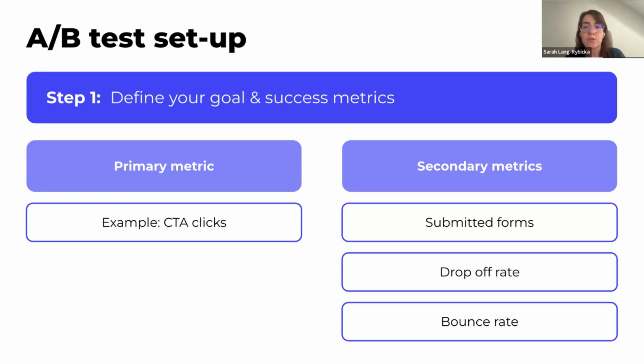If I'm testing in a tool like Heyflow, for example, and testing a button label, I definitely still want to track how many of those who clicked actually become paying customers, or even just trial users, because that way I can make sure I don't see a positive result in my primary metric, but end up with fewer conversions overall due to lack of information or any other factor. So secondary metrics are definitely important. In our scenario here, this could be the form submissions, the drop-off rates, and also the bounce rates. Those are things I would consider to make sure everything works across the board.